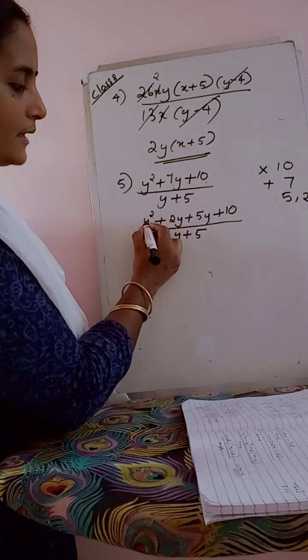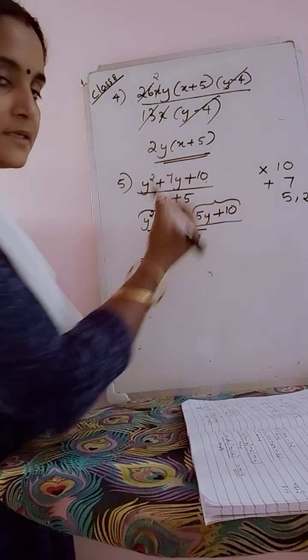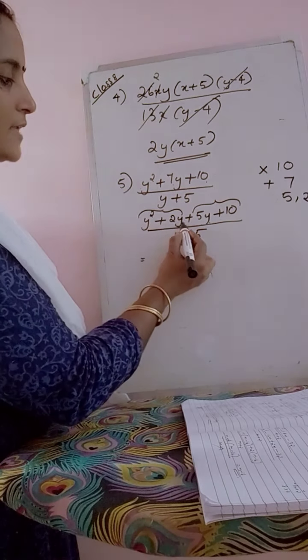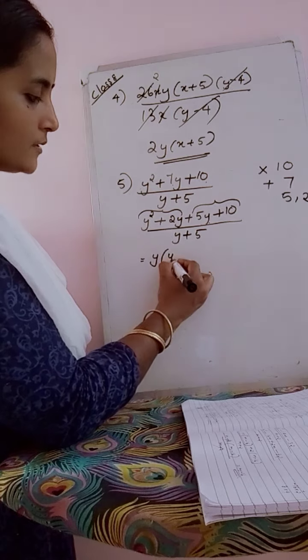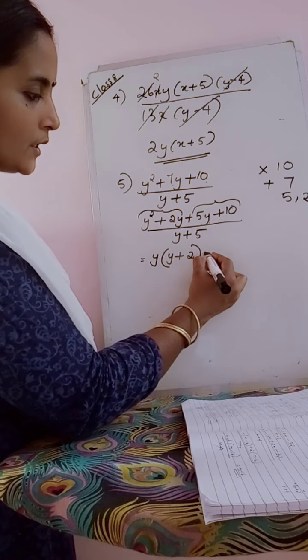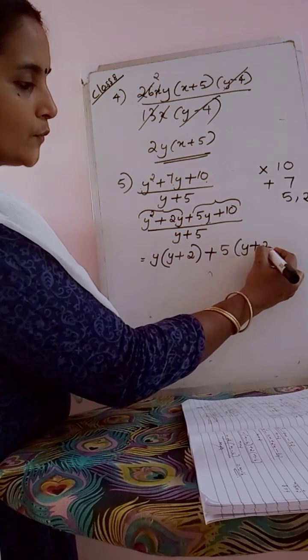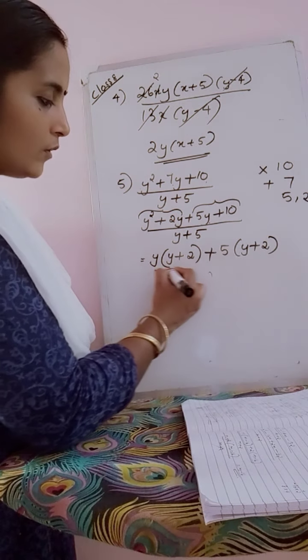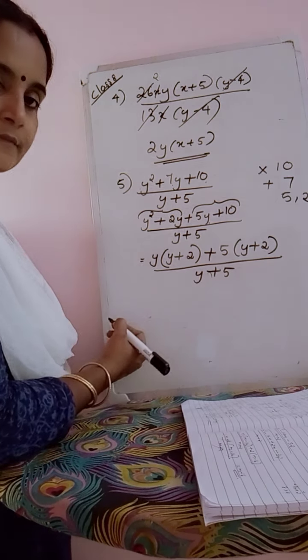Then pairing the numbers, this is the first pair and this is the second pair. So y square plus 2y, y common, so y plus 2, plus 5 common, y plus 2. Okay, whole divided by y plus 5.